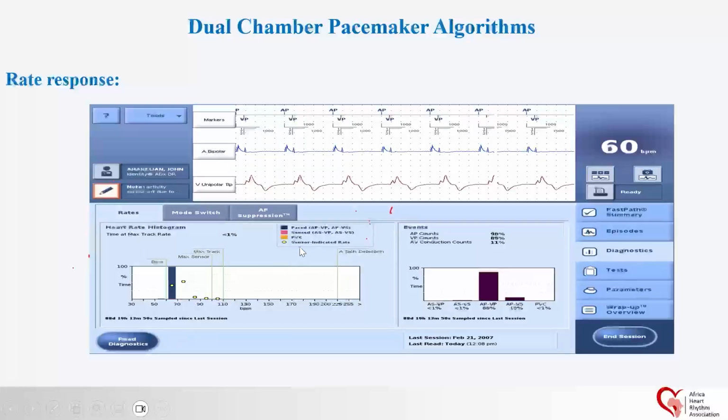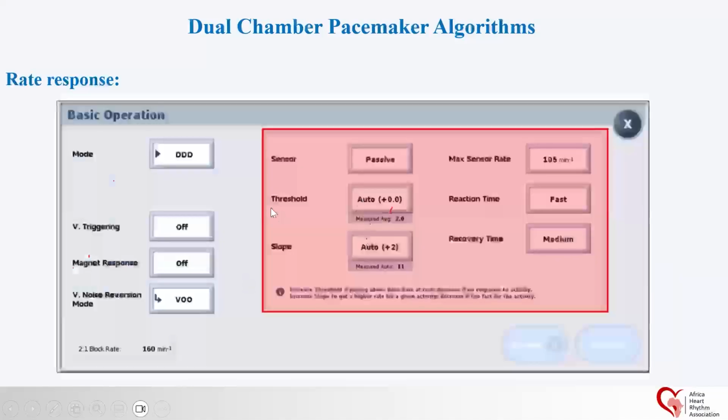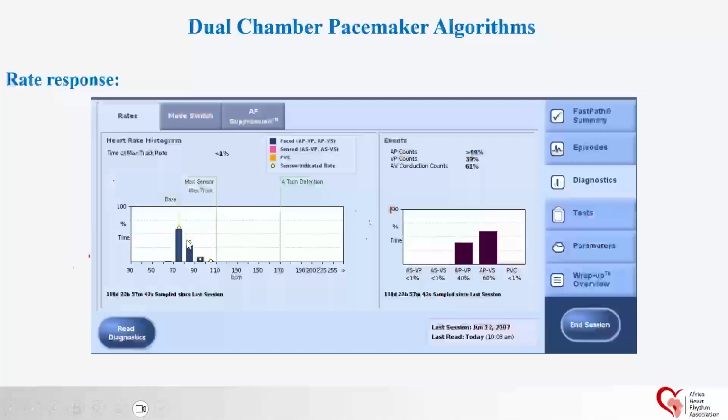In this case, the sensor is not working well, so it does not support the patient rate or the patient activity. So we need to adjust this pacemaker and adjust the sensor by changing the other parameters that we see here, like threshold, slope, or reaction time and recovery time.